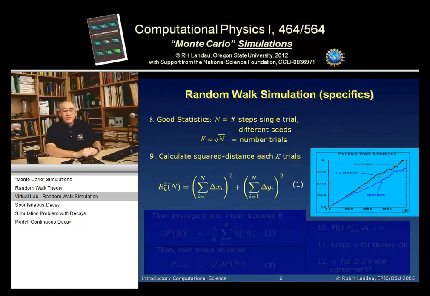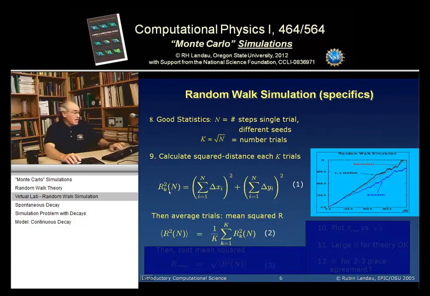The critical thing here is for any one value of N, we have to calculate the average value of R squared. So we do that for small k, where k represents each trial number. So trial 1 we get a value of R squared. Same thing for trial 2, and we keep track of those. Then we calculate the mean square.